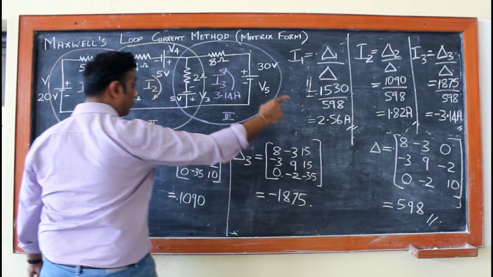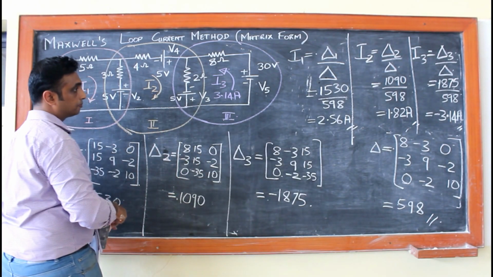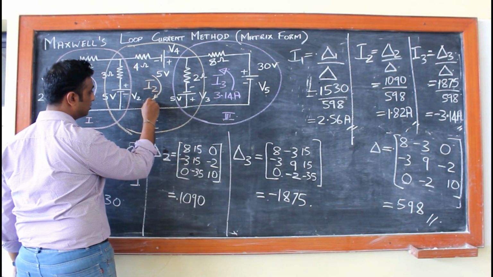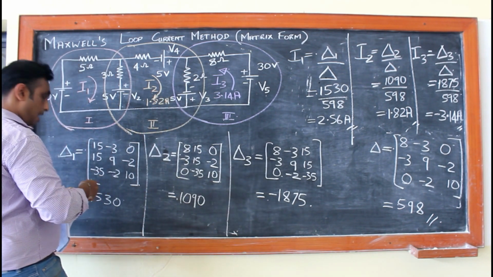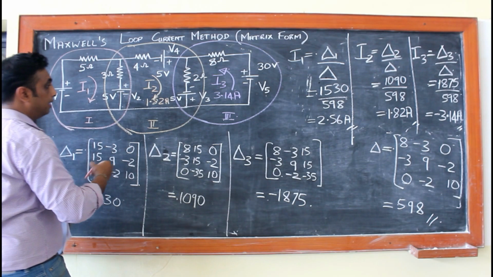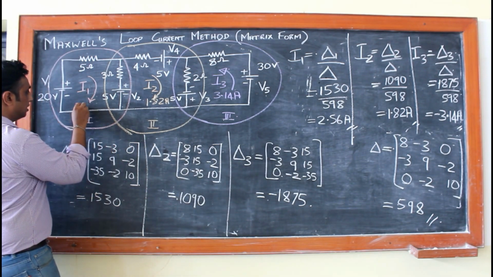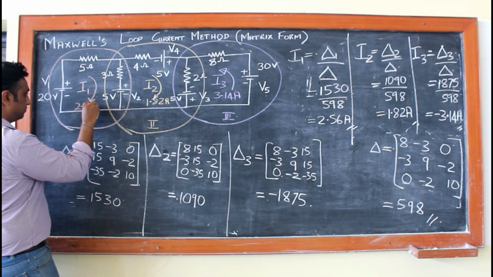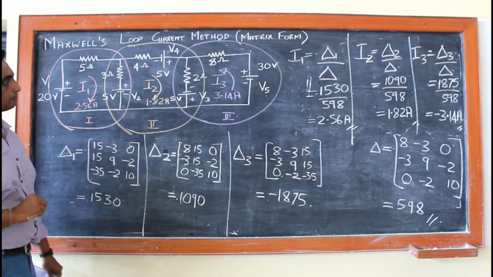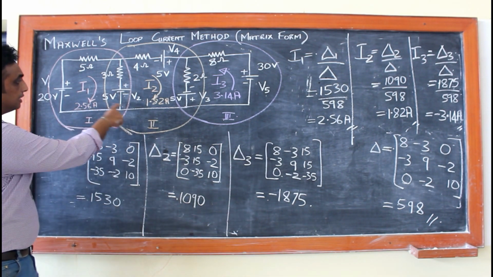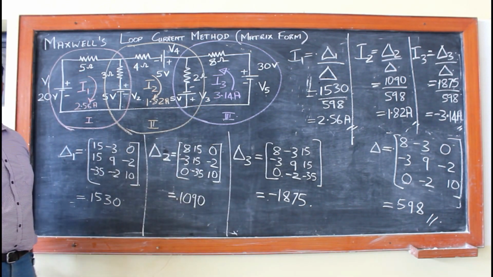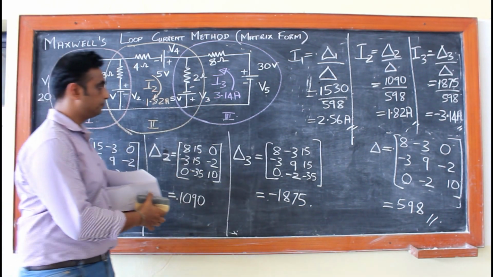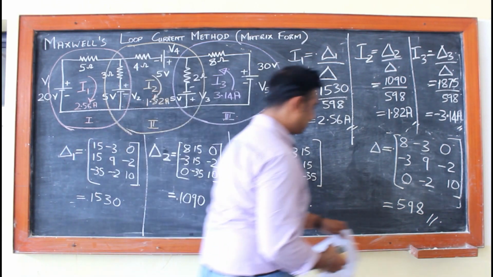So I2 is 1.82 amps and I1 is 2.56 amps. So I have 2.56, 1.82 and 3.14 amps. Now, I will wrap this up.